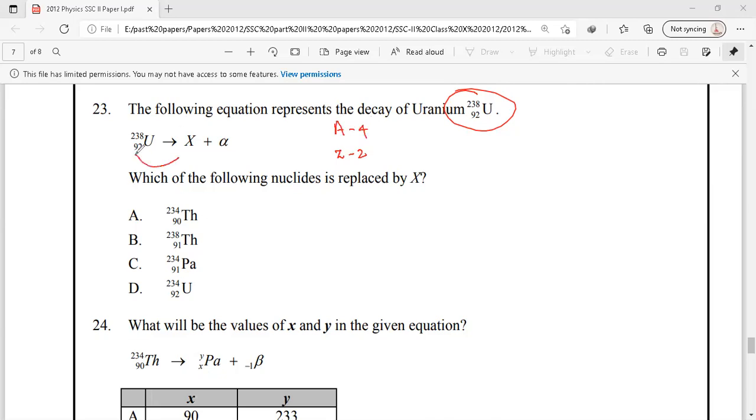So this 92 will become 90 and this 238 will become 234. So the daughter nucleus with atomic number 90 and atomic mass 234 will be the right answer. So option A is the correct answer in this question.